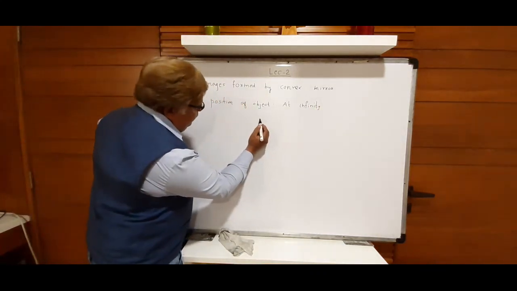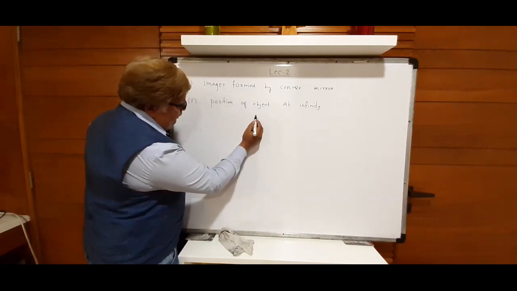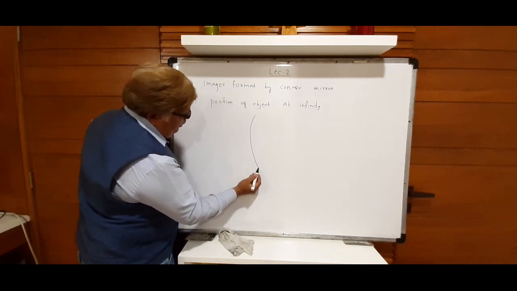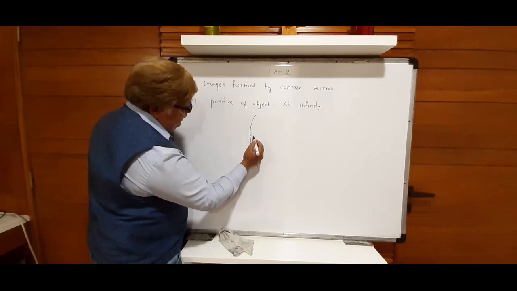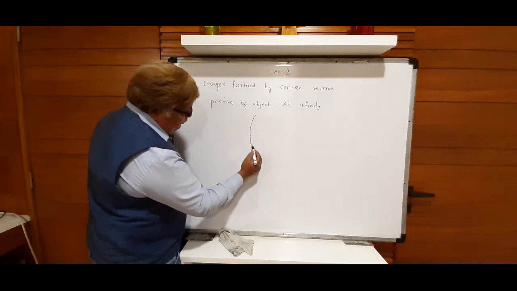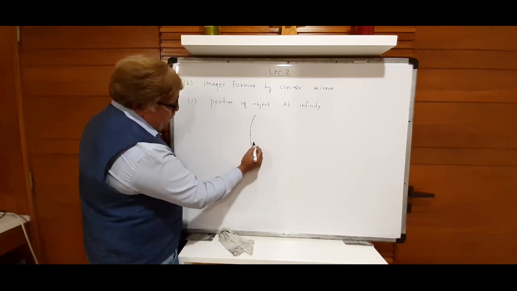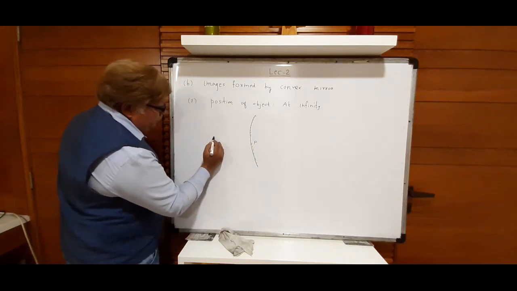Let us try to draw. Just draw the convex mirror first. Okay, here as you know this is a dashed line inside because the outer bulged surface is shining. Here is P, that is the pole, and then let me draw the principal axis.